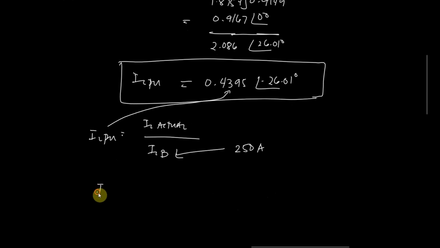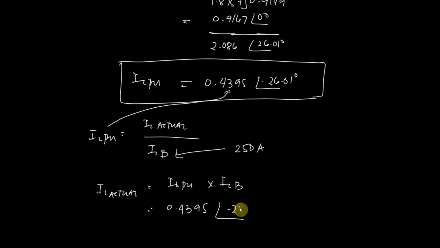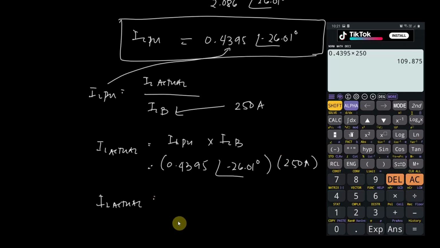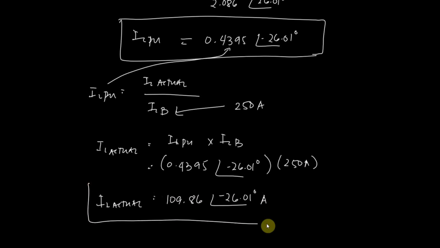So, therefore, yung ating I load actual is equal to IL per unit times IL base, which is equal to 0.4395 cis of negative 26.01 degrees times 250 amperes. So multiply natin 250 by 0.4395, ang lalabas dyan is 109.86 cis of negative 26.01 amperes. So ito yung ating actual load current.